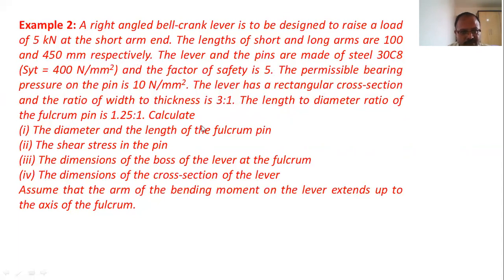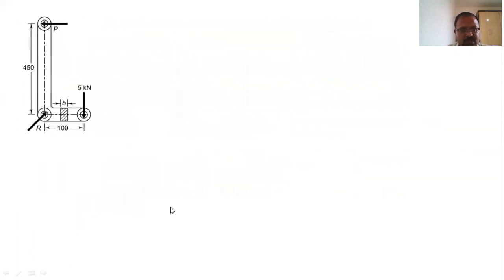These parameters are to be calculated: first, the diameter and length of the fulcrum pin, the shear stress in the pin, the dimension of the boss of the lever at the fulcrum, and the dimension of the cross section of the lever. Assume that the arm of the bending moment on the lever extends up to the axis of the fulcrum. So here we have to calculate the bending moment up to the axis. What is given? A bell crank lever, shorter arm 100, larger arm 450.